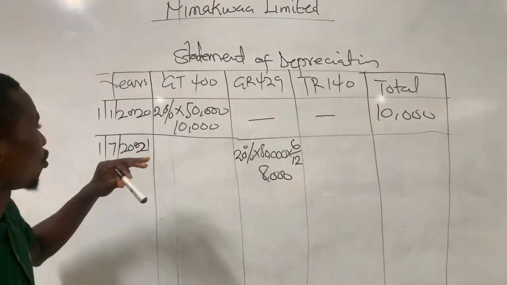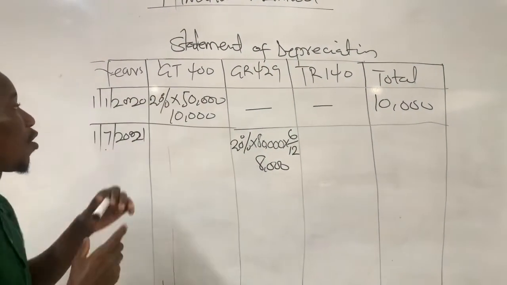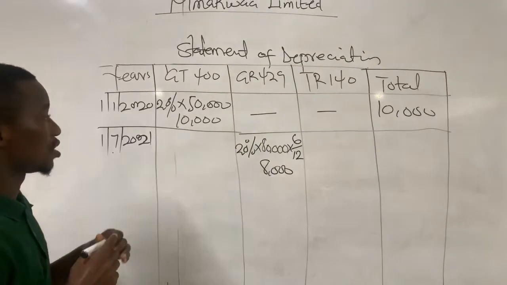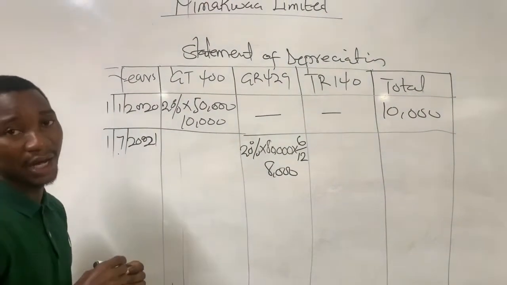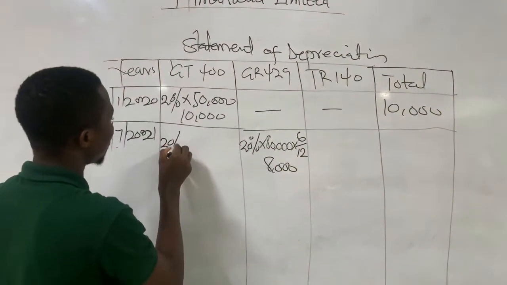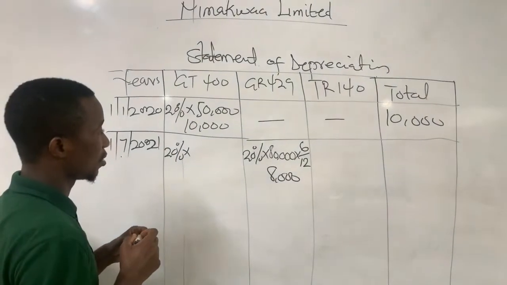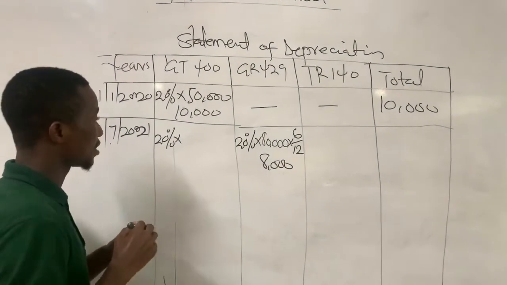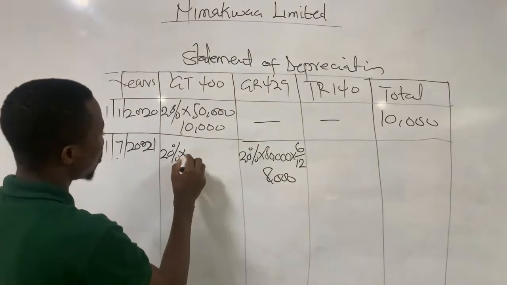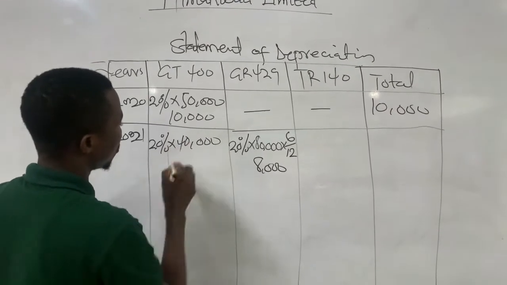All right. So we also consider the GT 400 because the GT 400 is still in the business for the year 2021. So we need to calculate depreciation on it, and that is the same 20% on the net book value. Is that okay? Because we are using the reducing balance method. So we take the annual depreciation from the cost of the asset, and that is going to give us 40,000. Is that okay?